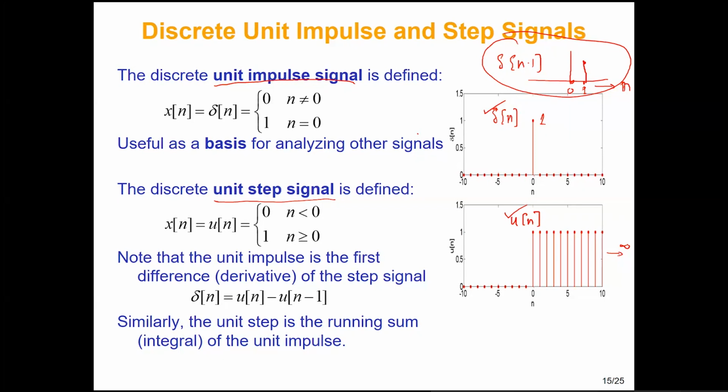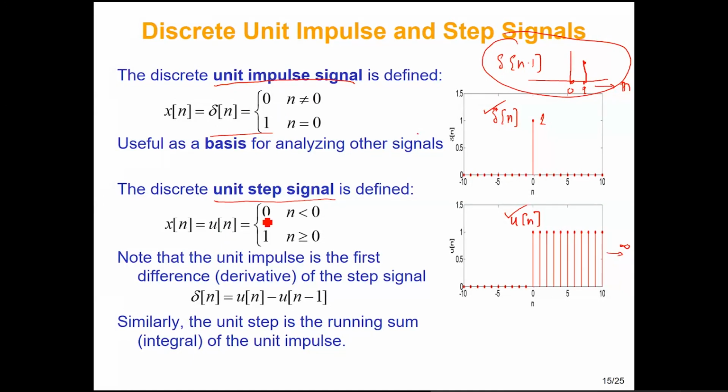You will see that your digital electronics, discrete electronics, and computer engineering will just revolve around these basic types of signals. Written mathematically, delta n is 0 for all n except for n equal to 0. At n equal to 0, it is 1, and if n is not equal to 0, its value is 0. That is your unit impulse.